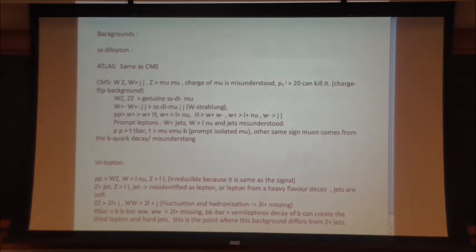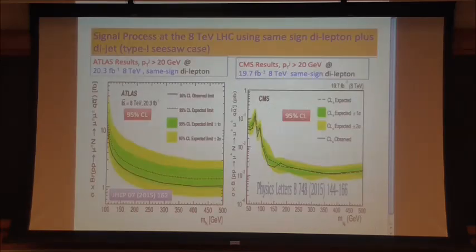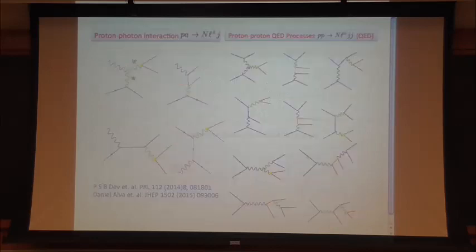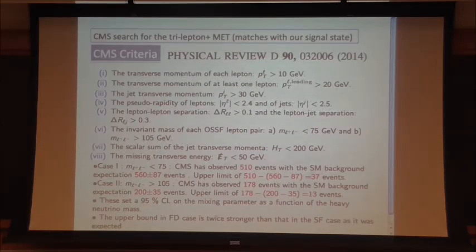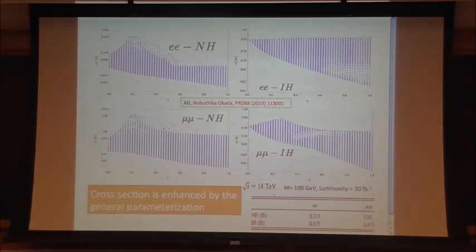To show the dependence on your mixing parameter, do you have plots for the other angles, the CP and the Majorana angles? Do they have any distinguishing power? Not that much importance in the Dirac or Majorana phases. Those are almost the same, so it may not be that interesting, and therefore I did not include it.